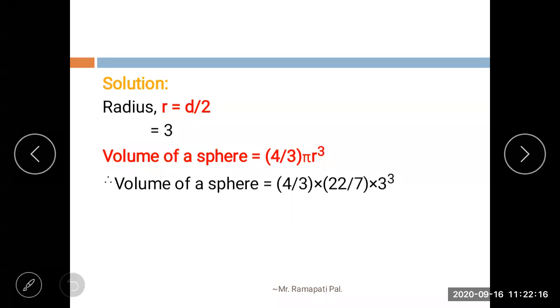So when you multiply and divide, you will get 113.14 centimeter cube. Is it clear? Cubic centimeter, because its unit is cubic.